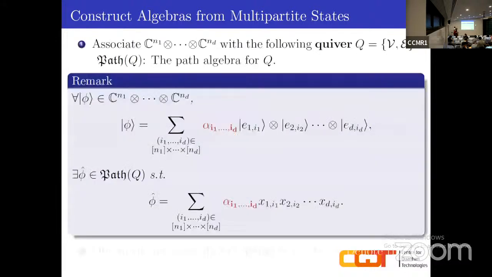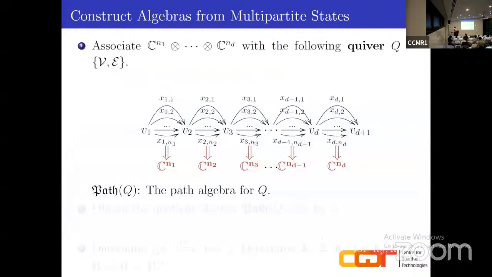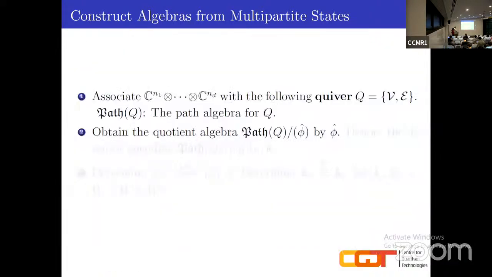So first, for any vector space we can represent it with a path algebra, right? And now it's just a path algebra. It didn't encode any information about the quantum state. And now this phi hat will encode some information about the state phi, right? And if we apply the quotient, path Q divided by phi hat, now this quotient algebra will encode some information about this quantum state.